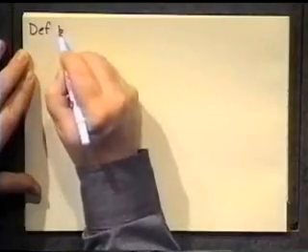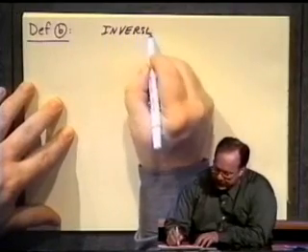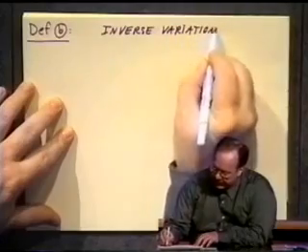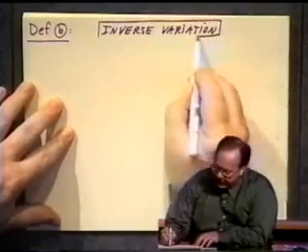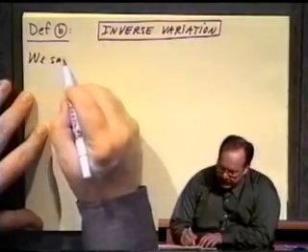Okay. Here is the second definition, part B, and this is inverse variation. Now you probably can guess where this is going to go, but let me write it out. Inverse variation. Here is the phrasing that we use here.